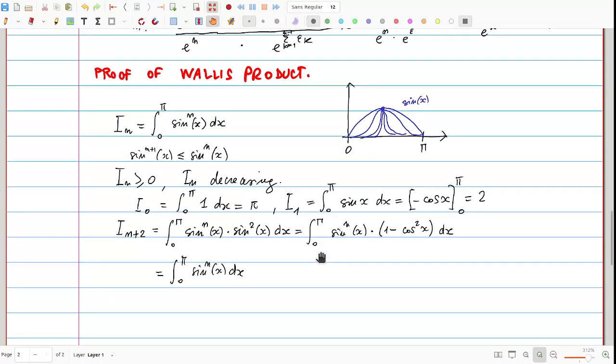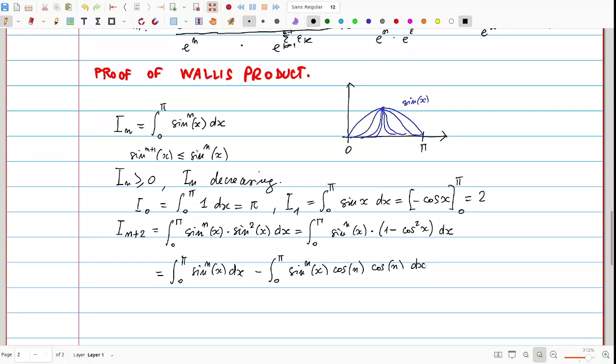So we are looking for an iterative formula, so this is good for us, and what remains is the integral of sine to the power n of x cosine squared, which we can write like sine n cosine cosine dx.